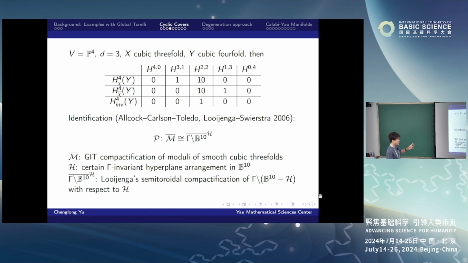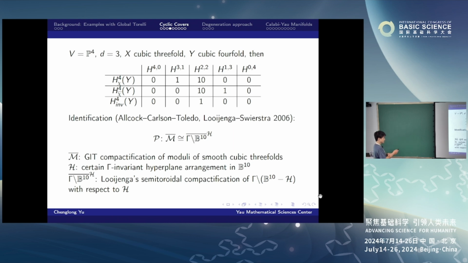You need to blow up the boundary points and then also contract some divisors along some directions according to this hyperplane arrangement. So you have some birational operation which has a Hodge theory interpretation on the right-hand side. And if you do this birational operation, then you have an isomorphism from left to right.